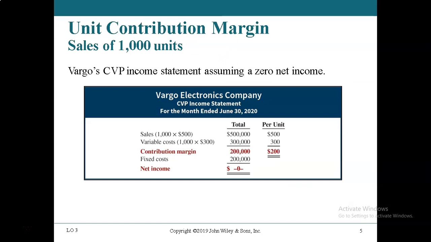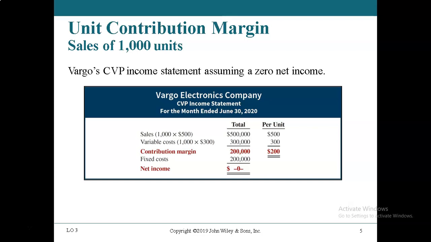Okay, so let's take a look at this example here. This is going back to the original example. In this example, what is the contribution margin? It's $200,000. In this example, what is the contribution margin per unit? It's $200.